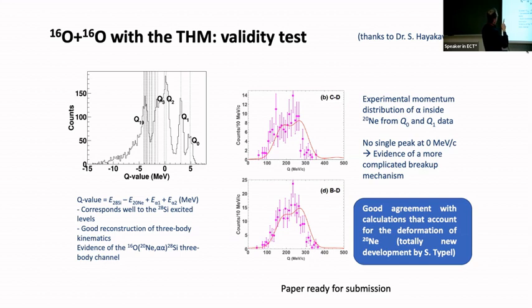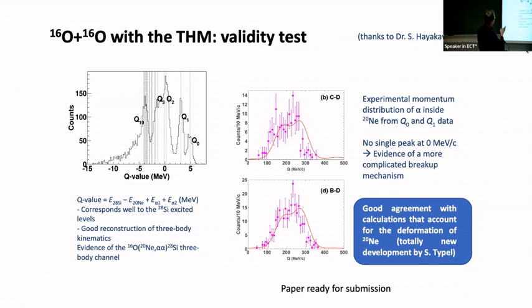I think that was for the alpha channel. So Q0, Q1, etc. correspond to excited states of one of the particles, in this case the silicon-28 that you populate.